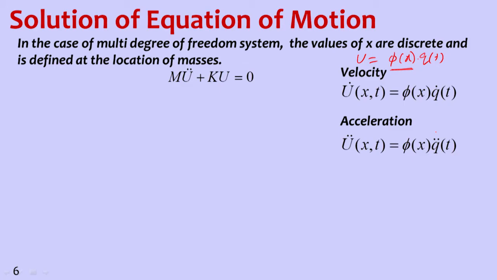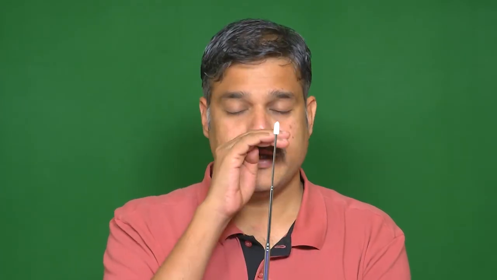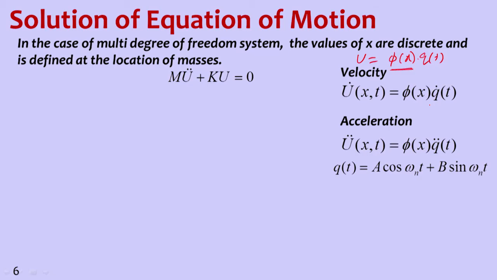Now what is q dot? If a structure is vibrating, it is vibrating in simple harmonic motion. So we can write that simple harmonic motion as q of t equal to a cos omega n t plus b sin omega n t, as in the case of single degree of freedom system.